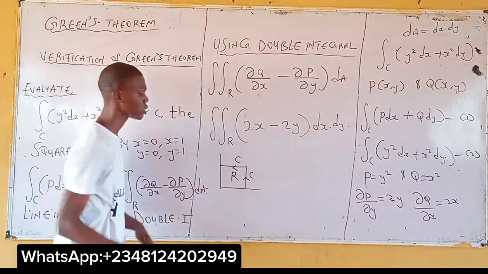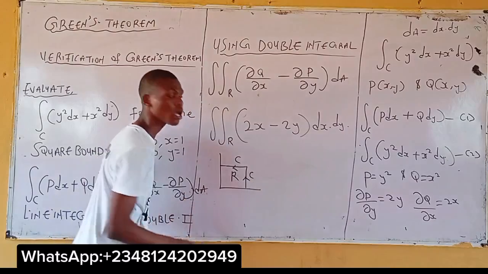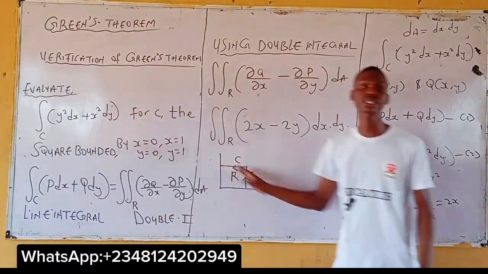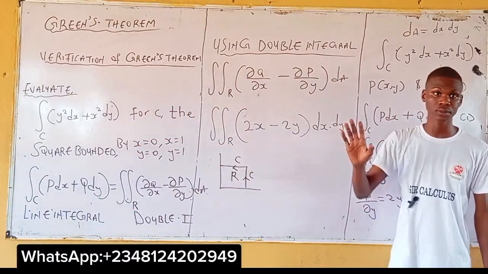You see how it works when you are solving using line integral. But what I'm just trying to say is that this C in this case is in the form of a square. Do you understand what I'm saying?